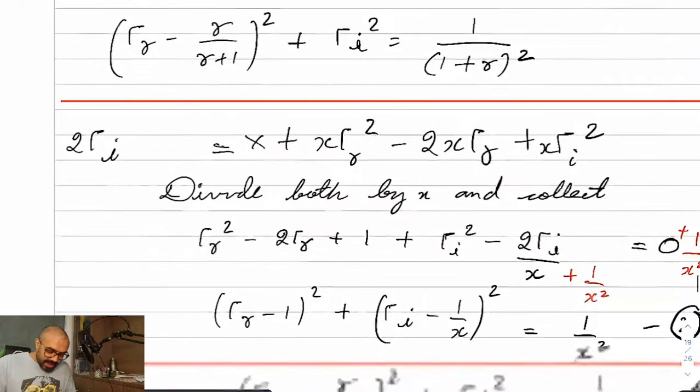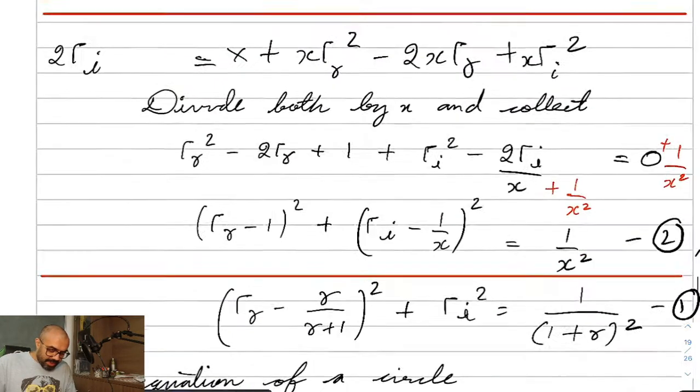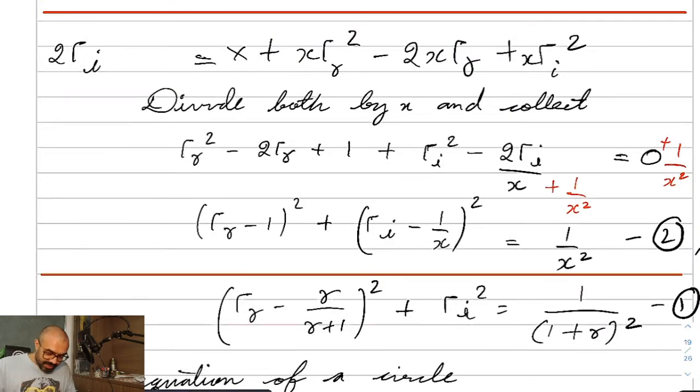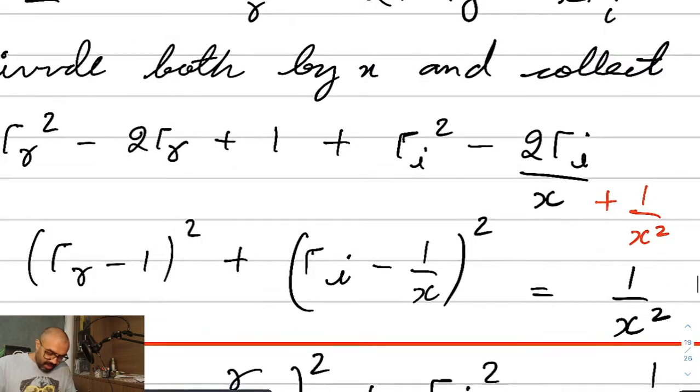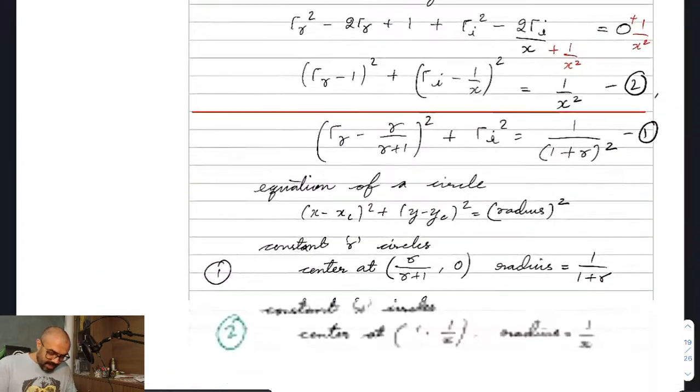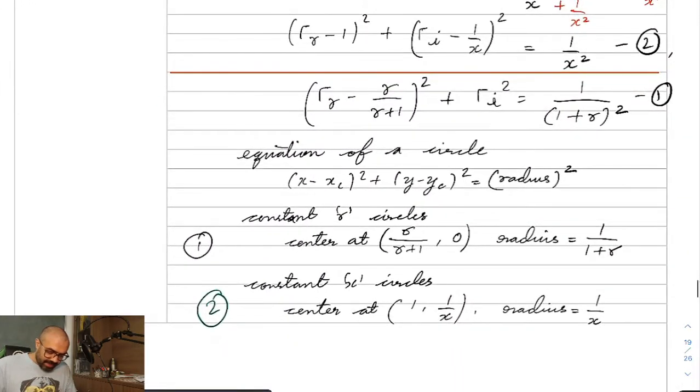A similar derivation with the second set of parametric curves results in this equation, which also turns out to be a circle. This circle has a center at 1 comma 1 by x, and it has a radius of 1 by x. So we end up with this.